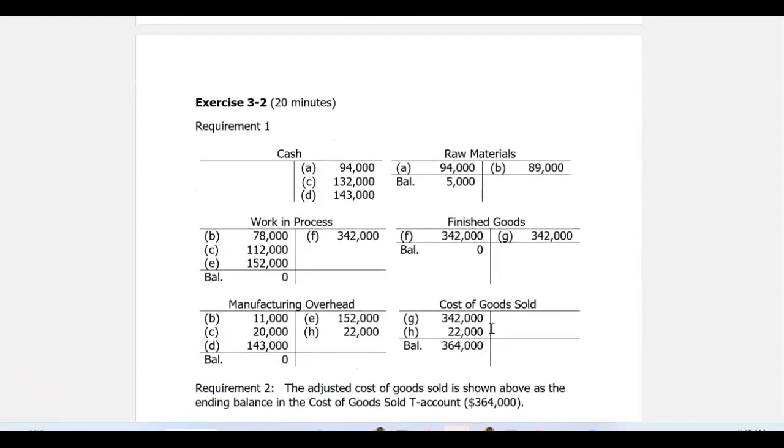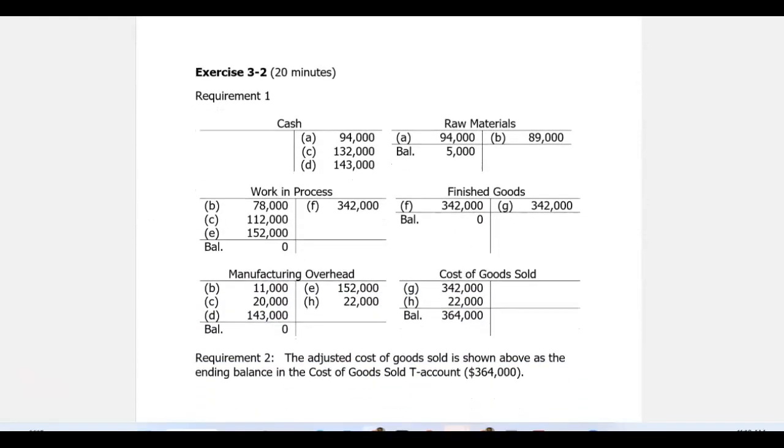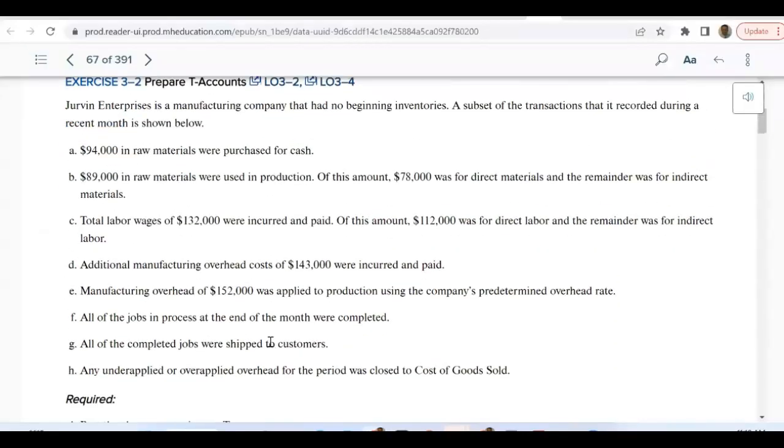Okay, so now let's look at the T account. In problem 2, again, it's part of your homework, I believe. Problem 2 is a manufacturing company that had no beginning inventories. Okay, got it. That means 0.